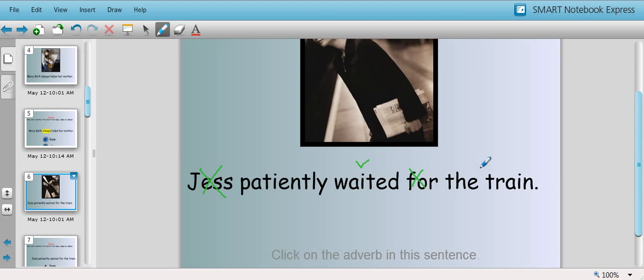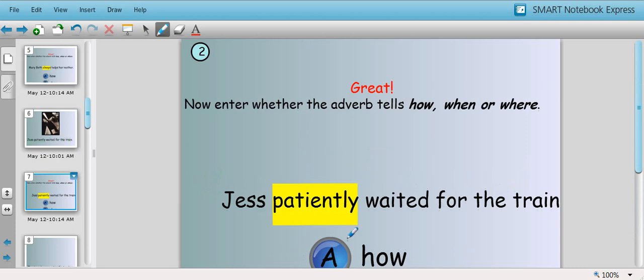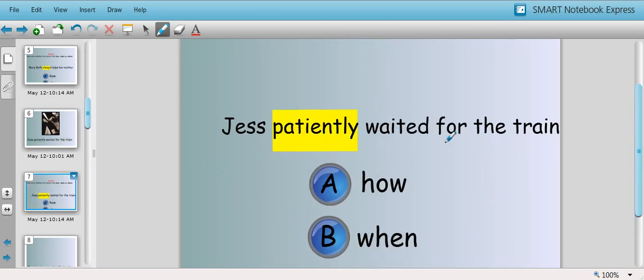The does not tell us how, when, or where. And the train does not tell us how, when, or where. So that leaves us with patiently. So, just patiently waited for the train. Patiently is our adverb. Waited is our verb.